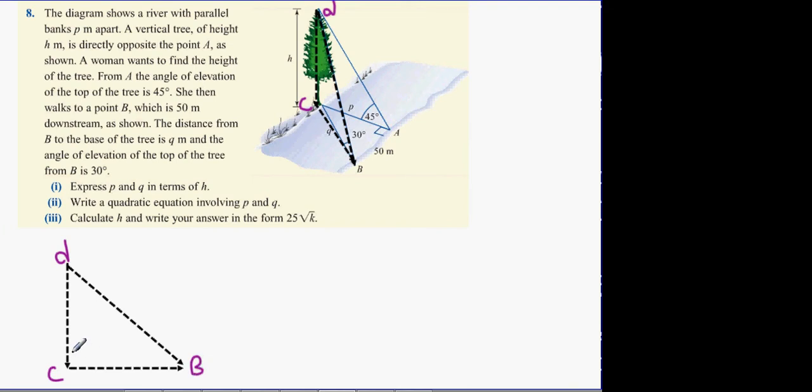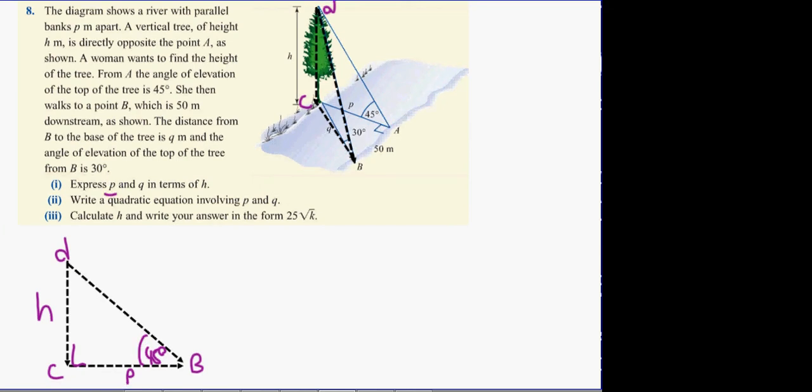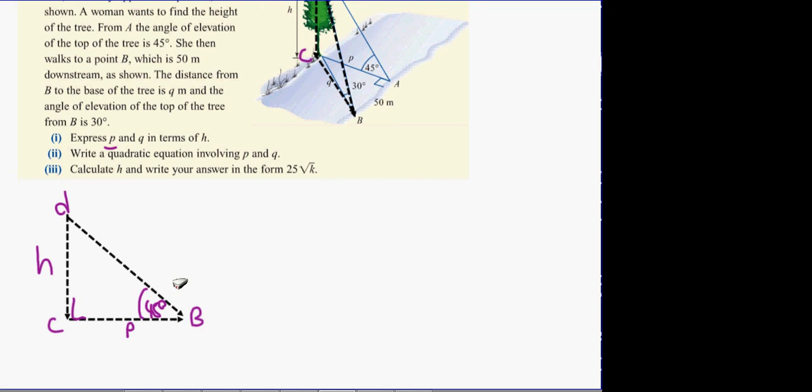Anybody? 90 degrees, because you're assuming that the tree, and any object, goes directly upwards. Okay, this is H, this is P, this is 45 degrees. Now what it says is, express P, oh sorry, it's Q. Sorry, I got it mixed up. That's Q and that's 30 degrees.